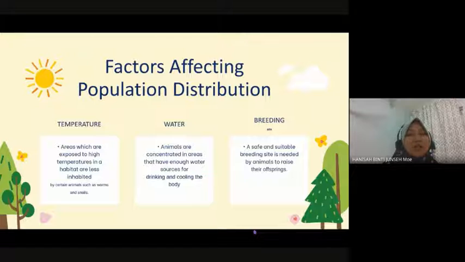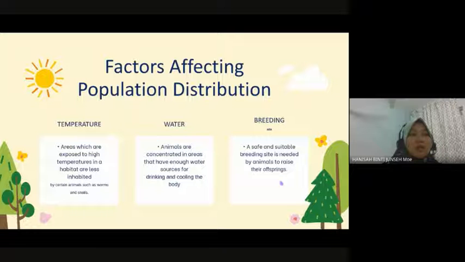The third one is breeding site. Breed here means to produce offspring. Breeding site is the location. So animals will look for an area that is suitable or safe as a breeding site, in order to produce and raise their offspring.